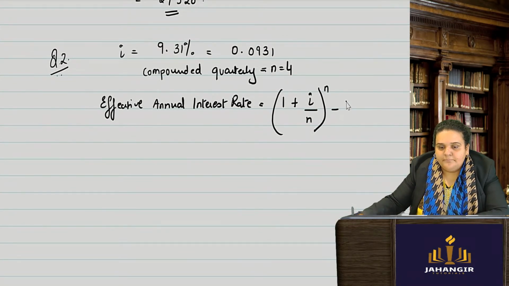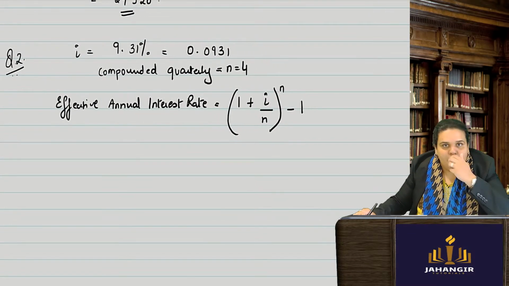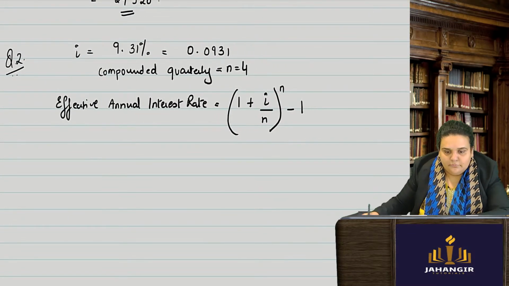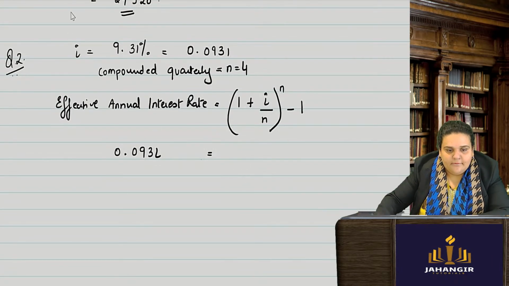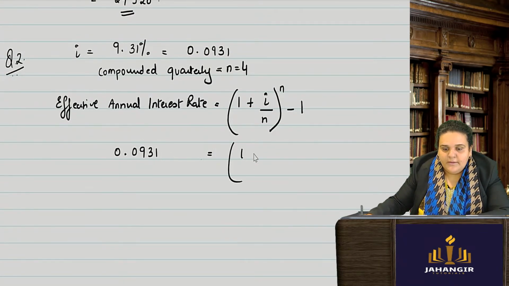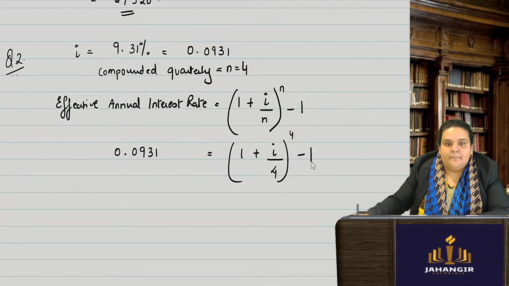I'm assuming the sum to be 1. Here my effective annual rate they have already given me. I have to find the actual rate of interest, I. So (1 plus I upon 4), the whole thing raised to 4, minus 1.